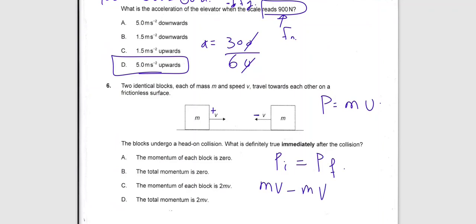Two identical blocks travel toward each other. After they hit each other, the objects will stop, so the final momentum will equal 0. Since initial equals final, the total initial momentum should equal 0.